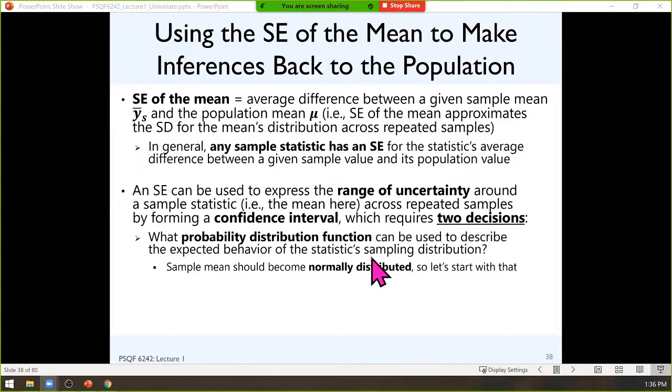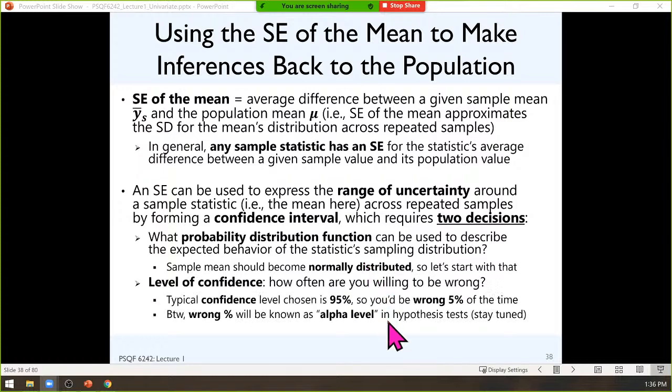So we're picking normal because we just saw that it works, and that's the only one we've talked about so far. And the other decision is how wrong you're willing to be. How confident are you? The most typically chosen level is 95% confident, which means 5% wrong. By the way, when you express it as how wrong you're willing to be, that 5% is known as your alpha level.